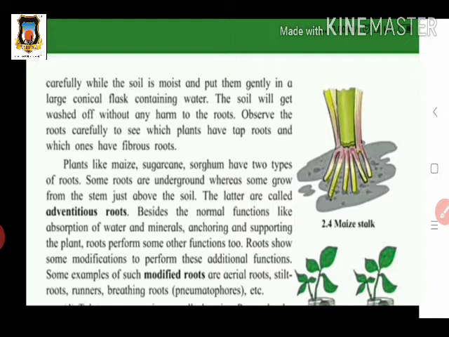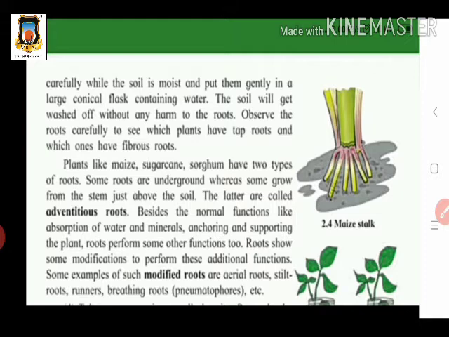Plants like maize, sugarcane, sorghum have 2 types of roots. Some roots are underground, whereas some grow from the stem just above the soil. One type grows inside the soil and one type grows on the stem just above the soil.